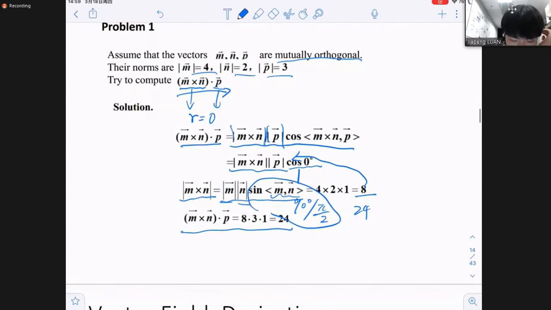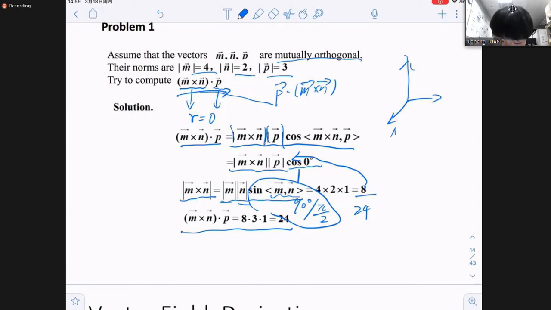I think you still need to know that M cross N dot P is actually a triple product, right? You can write this like P dot M cross N. So they are the same thing. And also, M, N and P are mutually orthogonal, so you can draw a sketch like this.